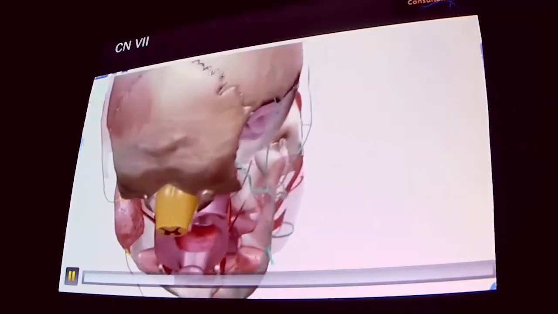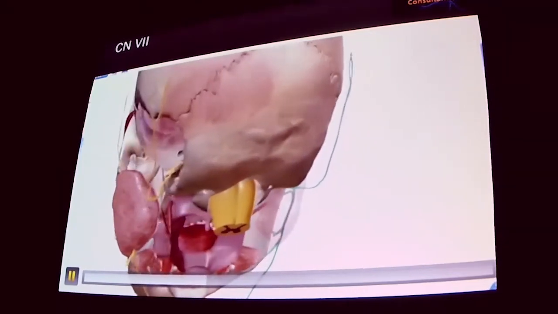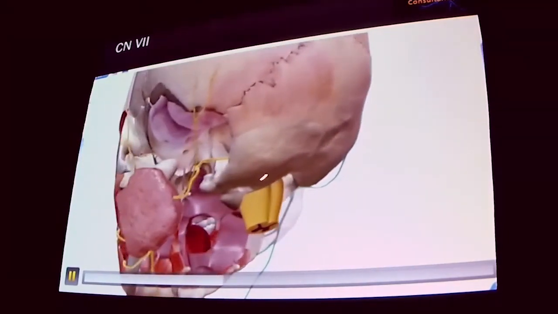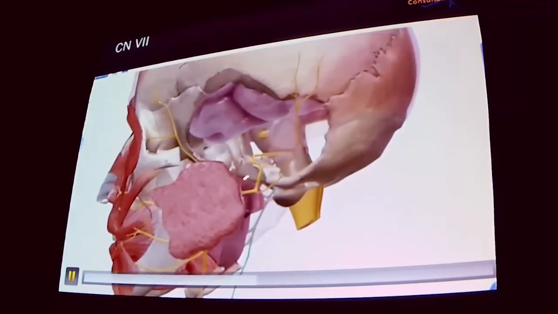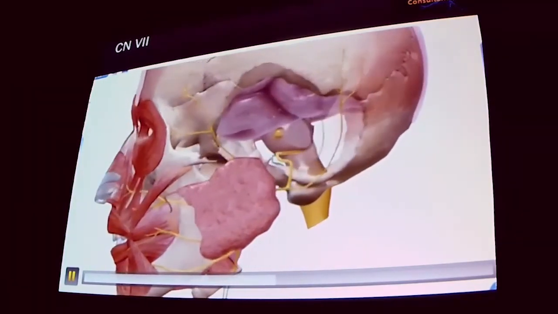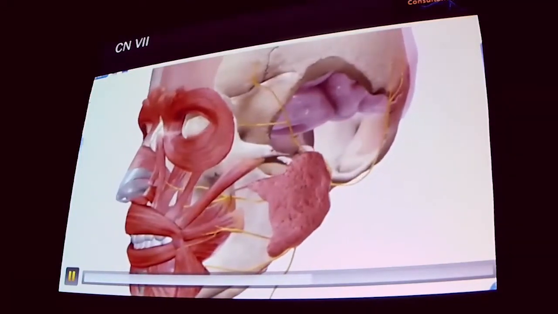It emerges through the stylomastoid foramen, which is going to be right around here. Pass through the parotid gland. So here's a parotid gland. Divides into its branches.